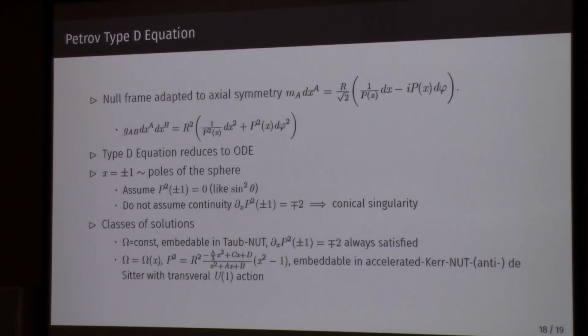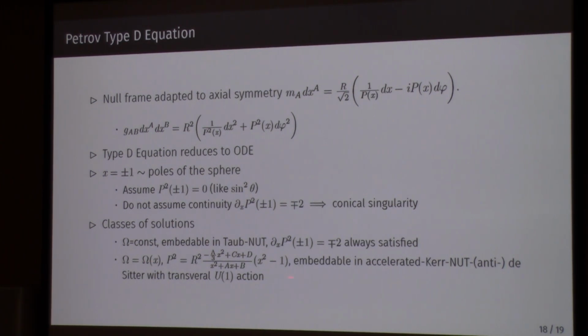Very briefly, we have also solved the Petrov type D equation in this type, introducing coordinates adapted to the axial symmetry. Usually one assumes two conditions, that this P frame function vanishes at the poles and that the derivative has some suitable value, which we now didn't assume, and we found that the most general class of solutions can be parameterized by four constants.